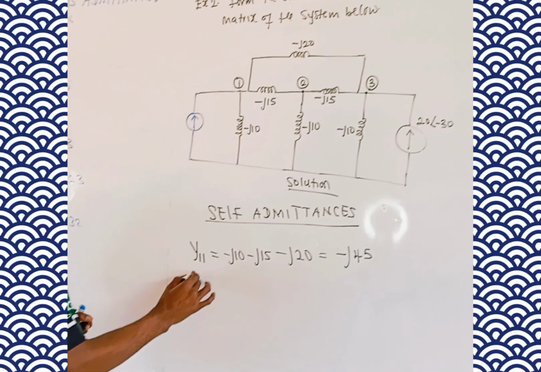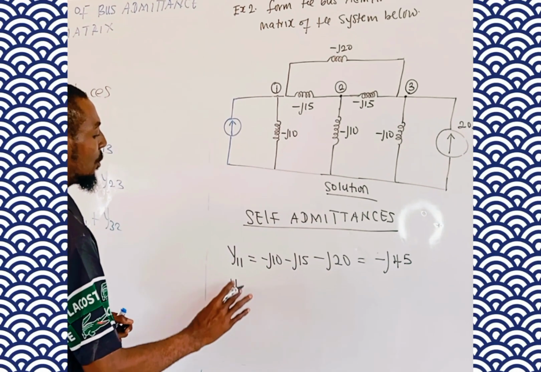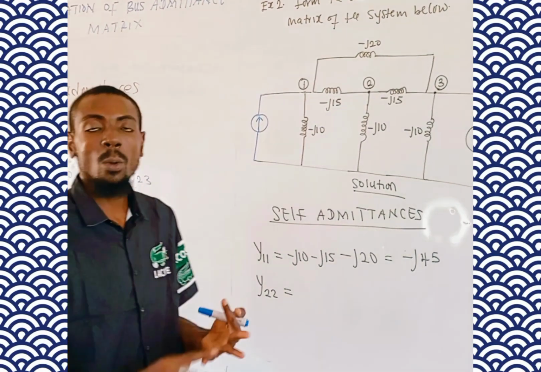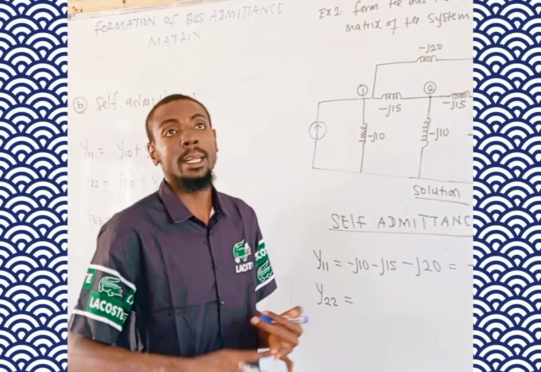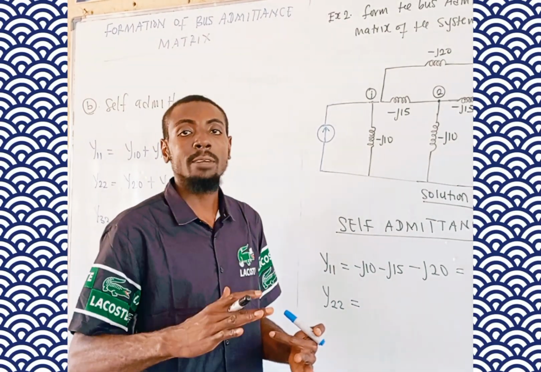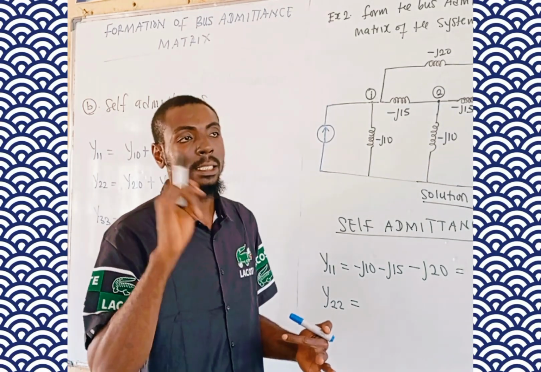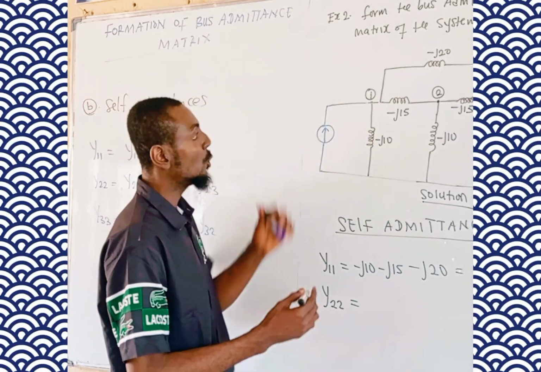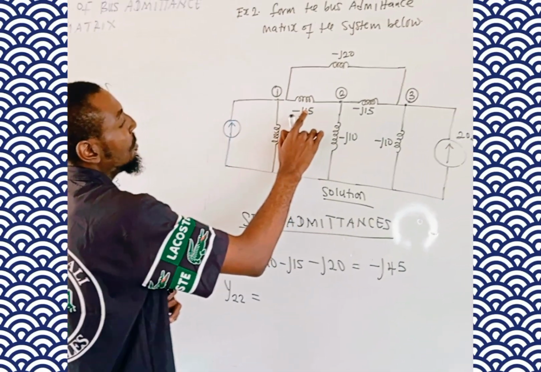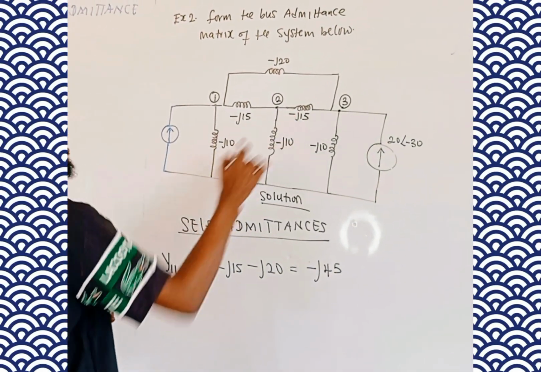So we have Y22. When you talk about self-admittance, you talk about Y11, Y22, Y33, Y44 if there are 4 buses, but in this case our self-admittance must stop at Y33. For Y22, all admittances connected to bus 2 are minus J15, minus J10, and minus J15.